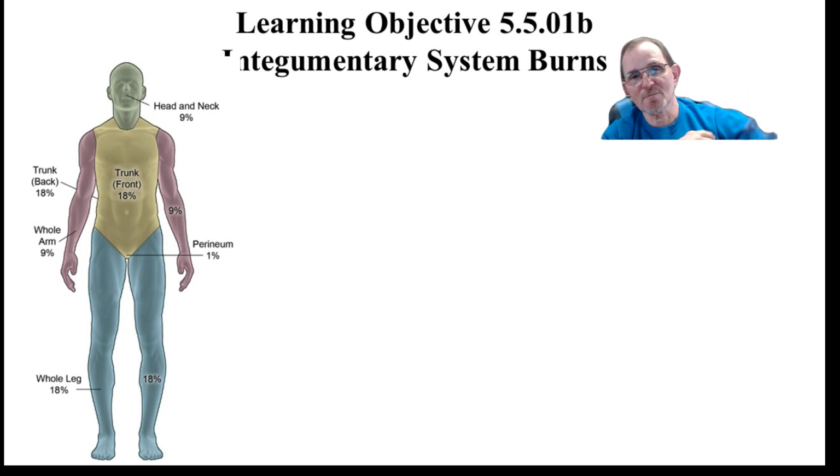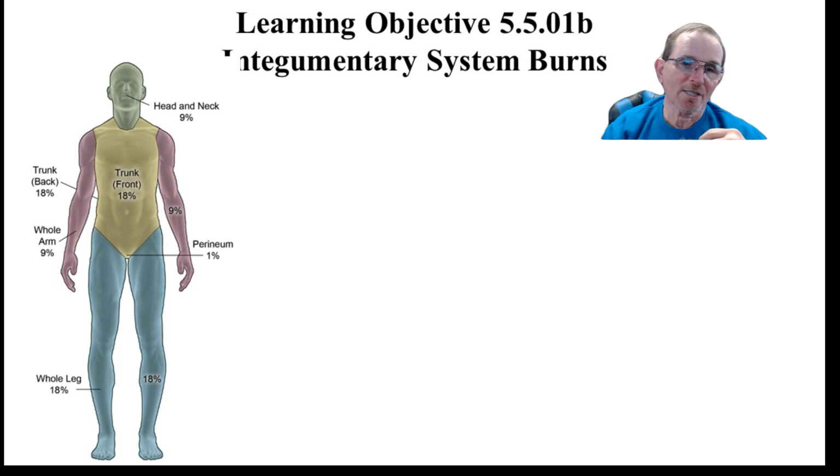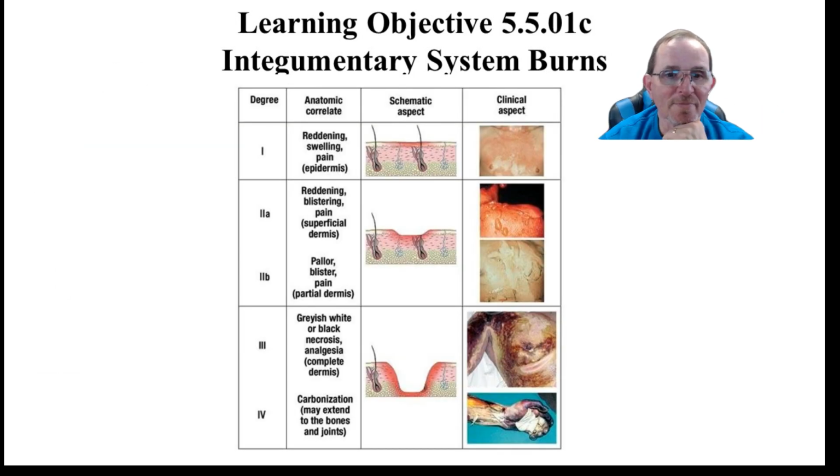An entire arm is 9%. The front of your trunk is going to be 18, the back of your trunk is going to be 18, each leg is going to be 18%, and then this little area, the perineum, is going to be 1. And that just gives you an indication of how much of the body has been damaged.